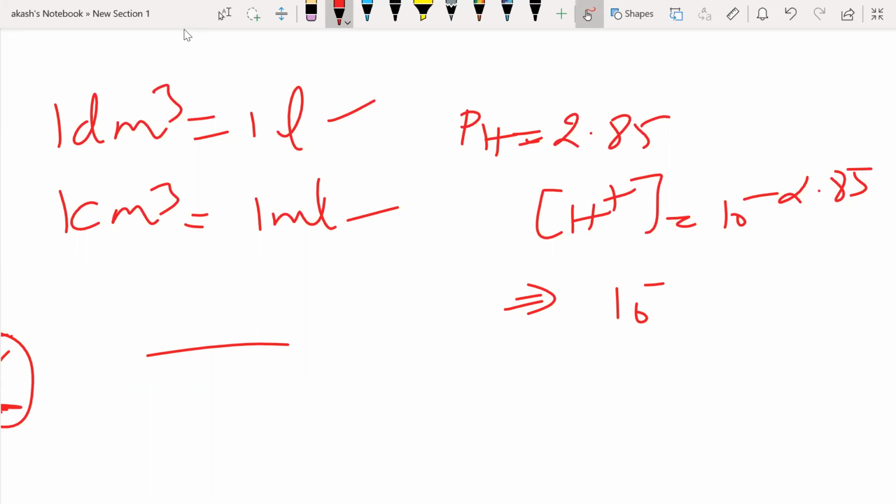Why did they give that value, 0.15? Okay, this will work: 3 minus 3 plus 0.15, that will be 2.85 minus... Right, that will be fine. So this would be basically 10 to the power minus 3 into 10 to the power.